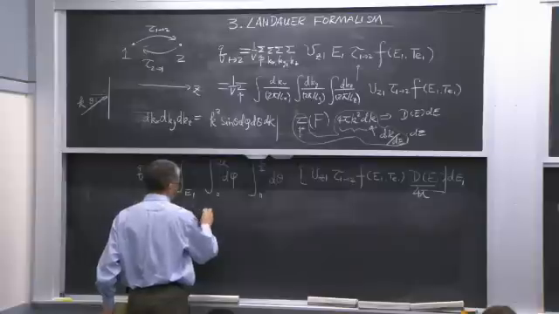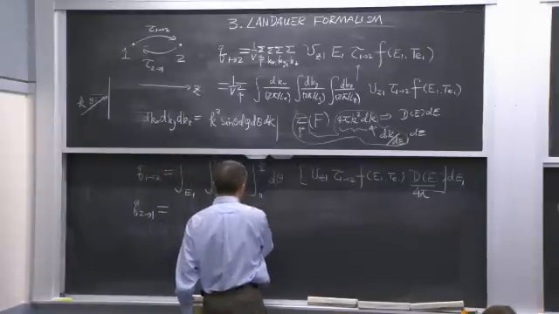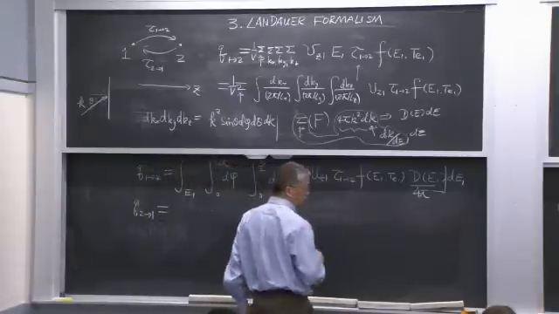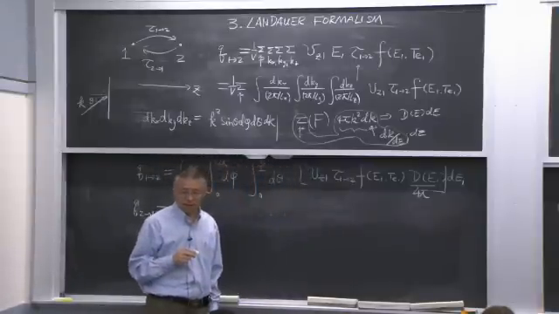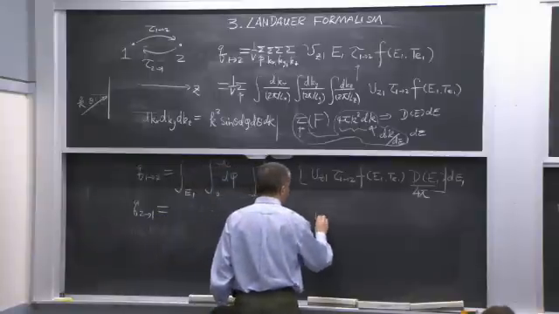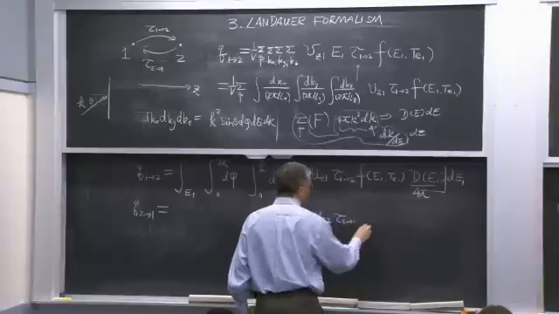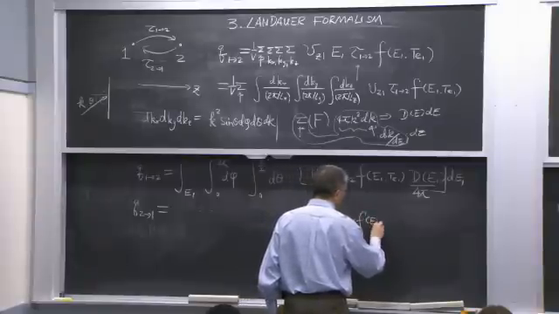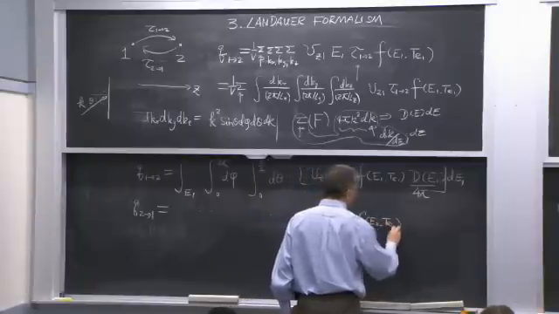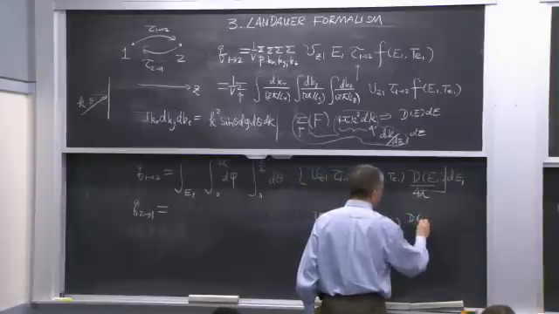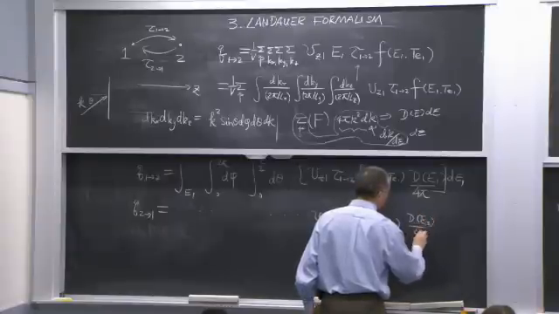I'm not going to repeat. You change all this stuff here. I'm going to write here. Okay, Vz2, tau 2 to 1, f E2, T E2, and the density of states at E2, over 4 pi.